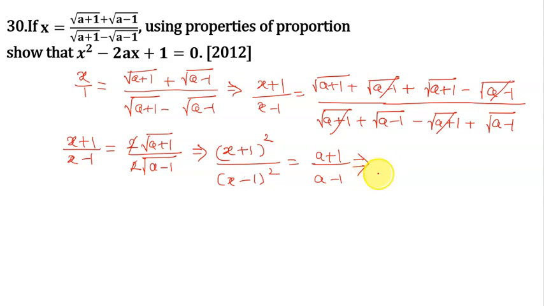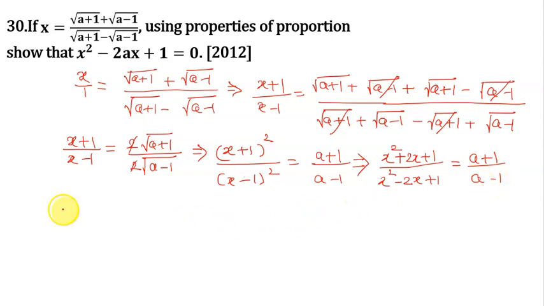What is (x+1) square? x² + 2x + 1 upon x² − 2x + 1 equals (a+1) upon (a−1).